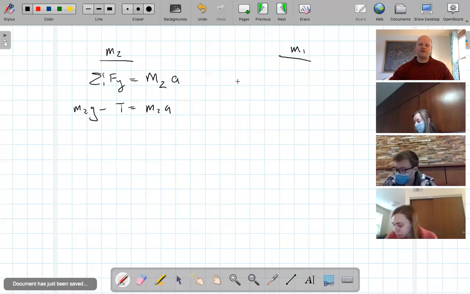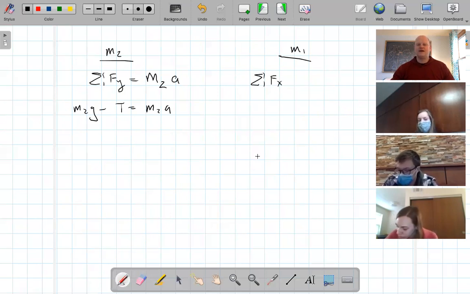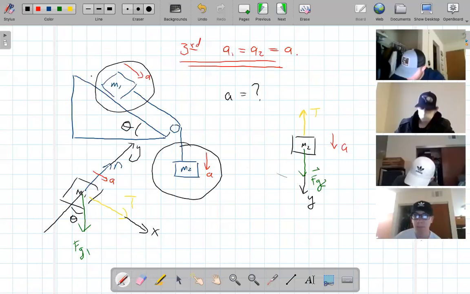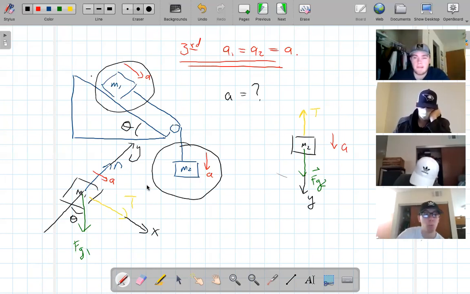Now let's look at M1. For M1, we now have two different directions, so we need to look at the sum of the forces in the x direction, and we also need to look at the sum of the forces in the y direction. Let's look at each one individually. Let's see, who haven't I picked on yet? Ethan, which way do you want to do first? X first or Y first?